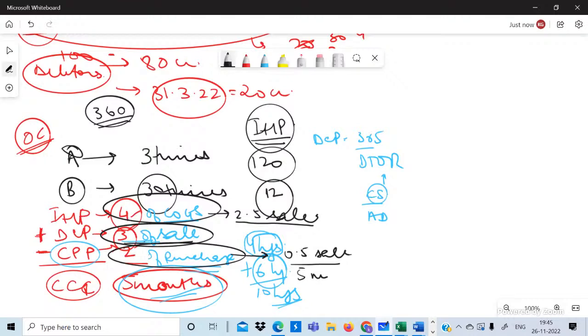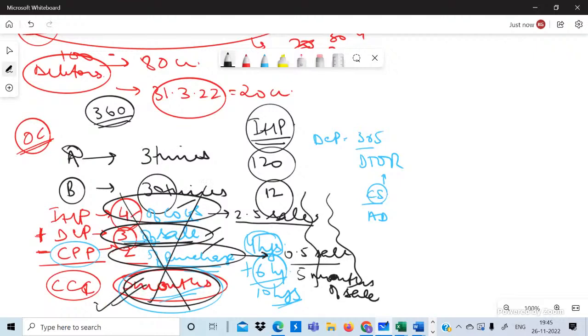I'll get 5 months of sale. But with the earlier 5 months, I had no idea whether it is COGS or sale or purchase, it's a combination. So typically in real life, this is what will happen and not the earlier method. But for the exam, please stick to the earlier method.